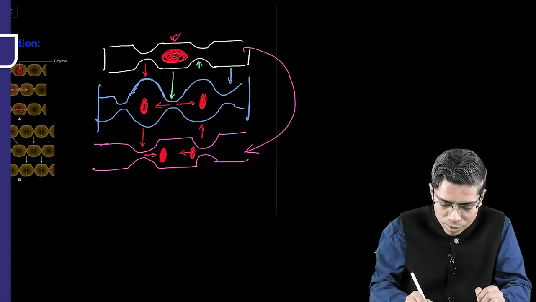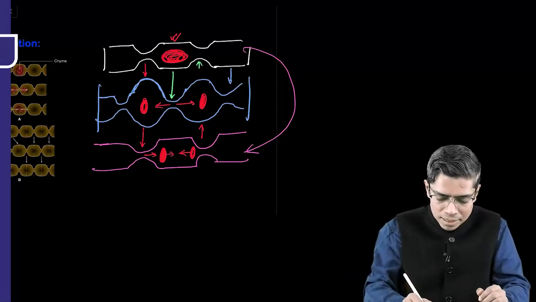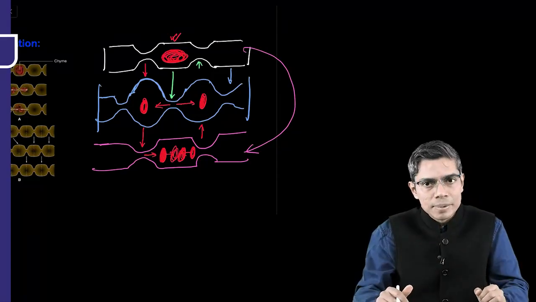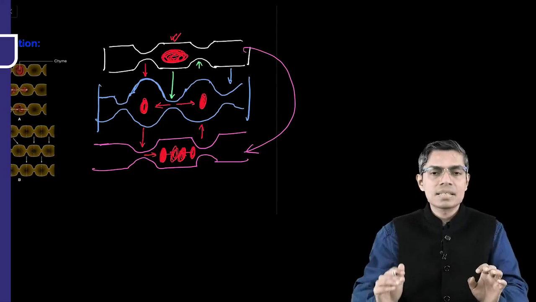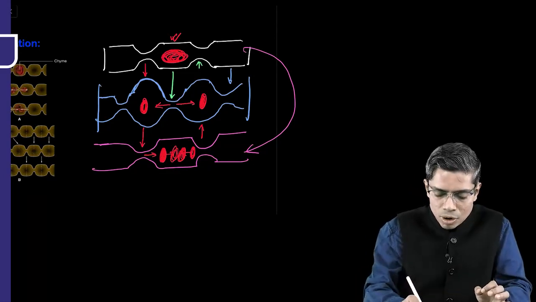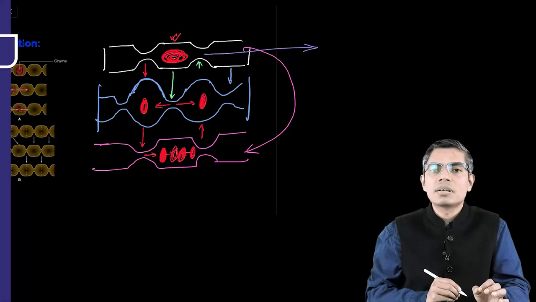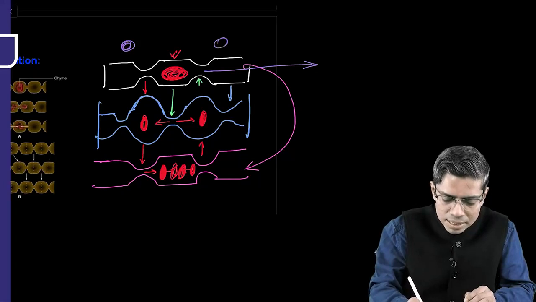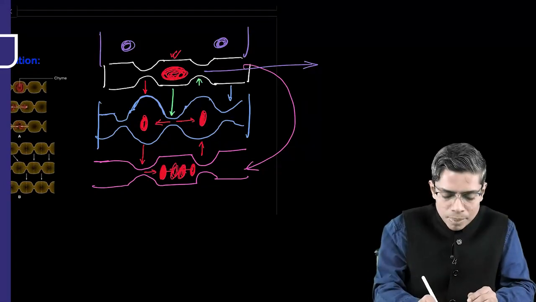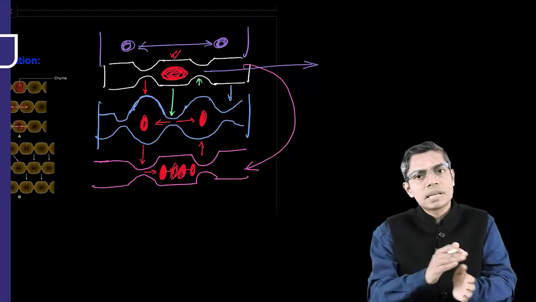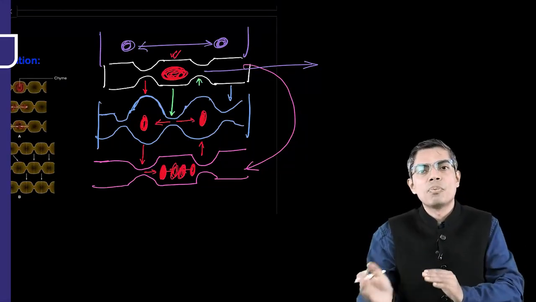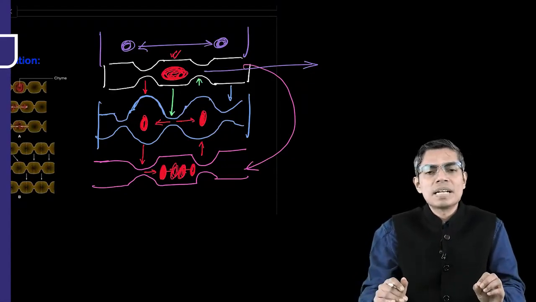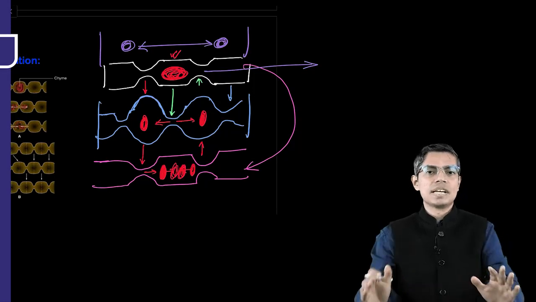So again these two food boluses come close to one another and mix up here, and the same kind of movement happens again. Because of this, I can understand that the food particle is not moving from one part to the other part of the GIT. There is no net movement of the food particle; it remains within the same segment, moving to and fro again and again, a pendular movement. This kind of movement is known as the segmentation movement of the GIT.